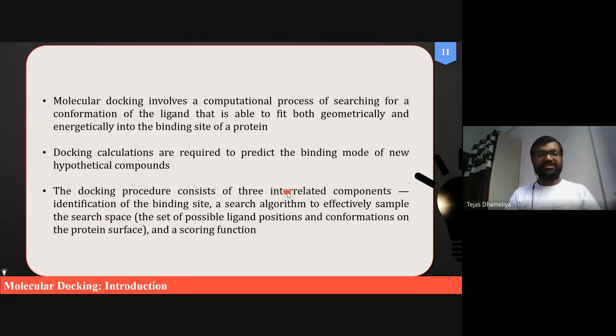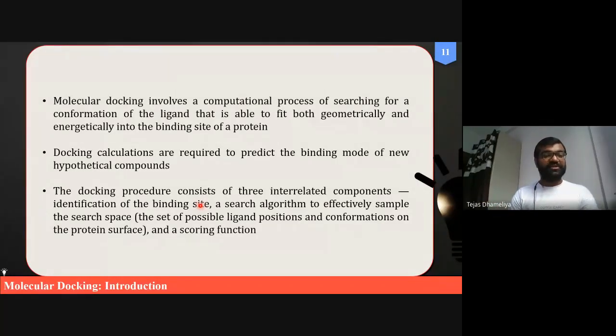So this is a process composed of identification of a binding site, where the binding site is actually located, because believe me, a protein is a huge macromolecule, with molecular weight in kilodaltons. If I discuss benzene, the molecular weight is 78. But if I discuss, let us say, the cyclooxygenase enzyme, trypsin, chymotrypsin, or other enzymes, all these enzymes have molecular weight far beyond that, in kilodaltons.